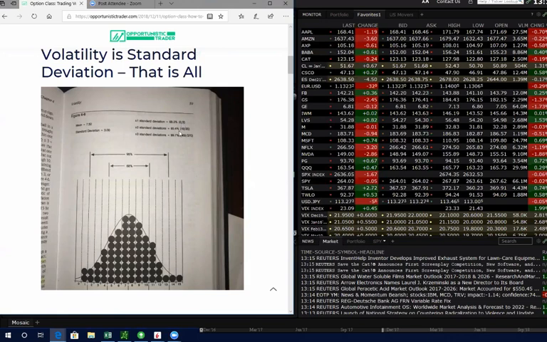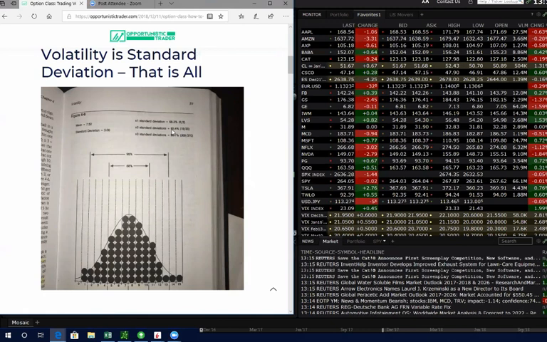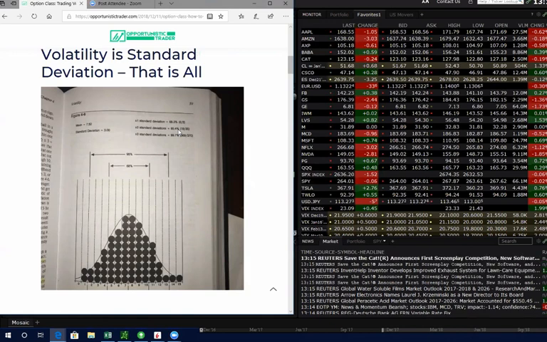Now, two standard deviations would be a 2% range, and statistics tells us that's a 95.4% probability. So 95% of all values, roughly 244 days, should be inside a 2% move, inside two standard deviations.